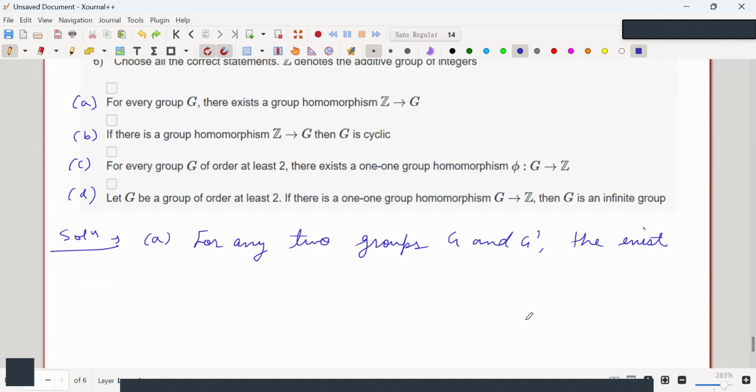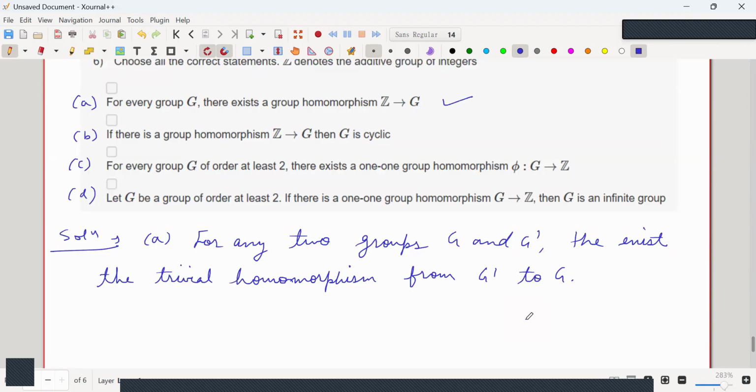So even we don't require G prime to be G. Between any two groups, we can define a trivial homomorphism. So this is correct. Next, if there is a group homomorphism from Z to G, then G is cyclic.